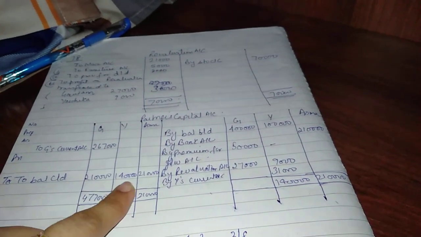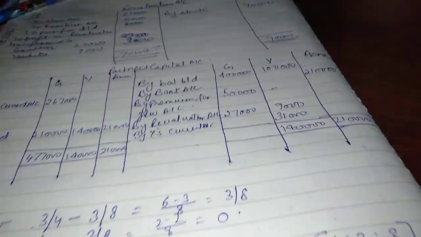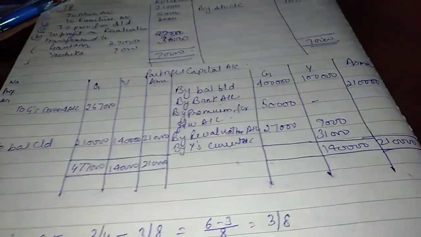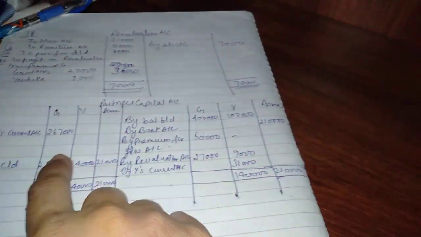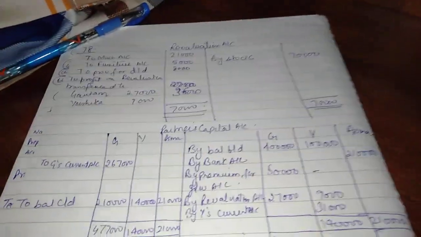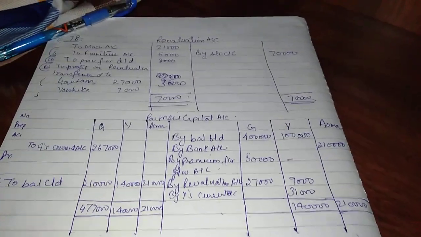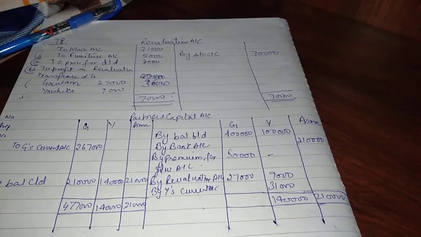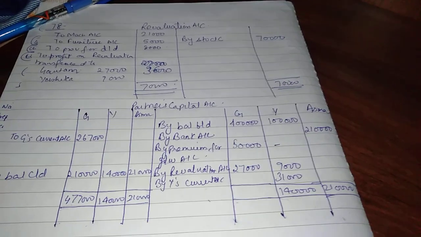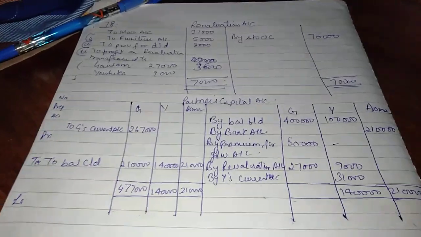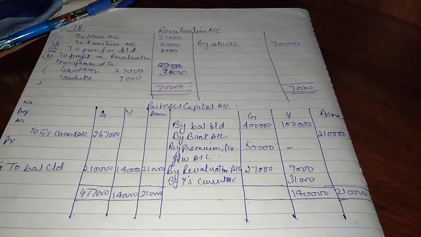Now Yashika, are you getting it? How have you adjusted? In this way: total this side, total this side, and then the side on which the balance is less, you have to write it as balance carried down to cash or bank, or if not withdrawn, they have asked you to do it through the current account, to the particular partner's current account.